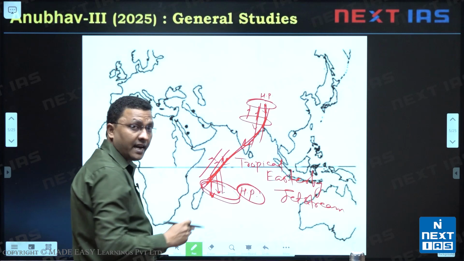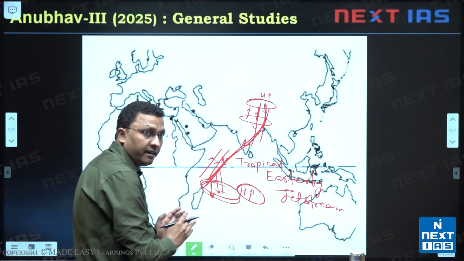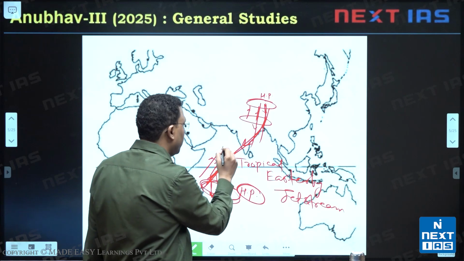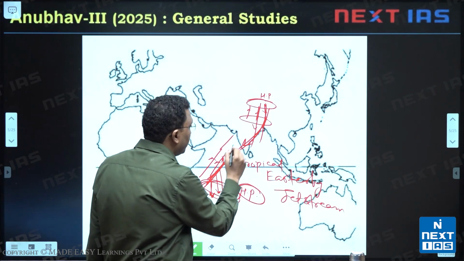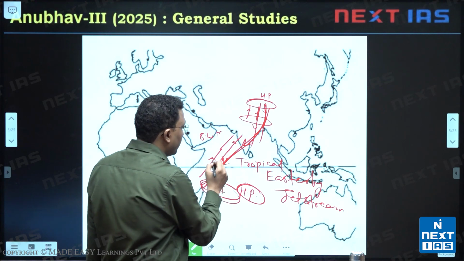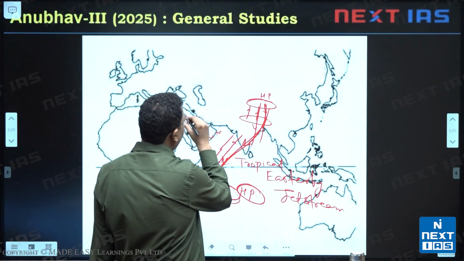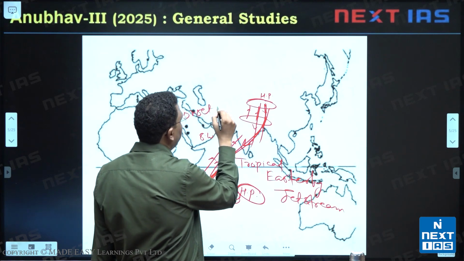So because of this strengthened high pressure, the southwest monsoon that is moving in this direction gets a push. Because high pressure has increased in this region, it will give a greater push to the southwest monsoon. So because of this, the southwest monsoon moves a little faster, and this is what causes the onset of monsoon in India.